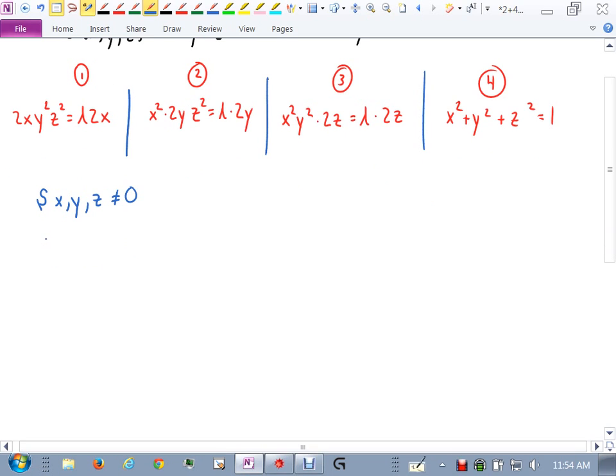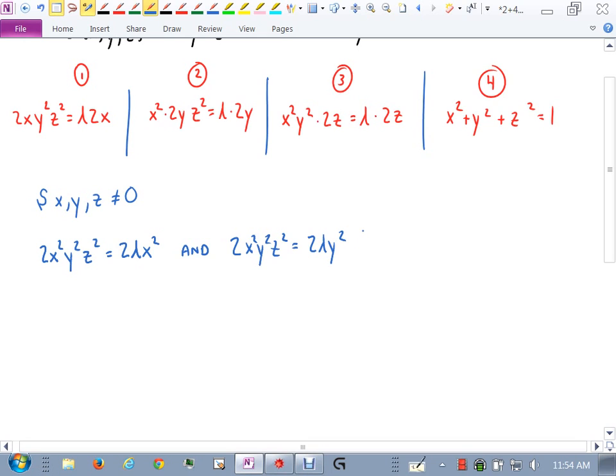Then what I have, let's see, I multiply this first equation by x, and I get 2x squared y squared z squared equals 2 lambda x squared. And do the second one. 2x squared y squared z squared equals 2 lambda y squared.